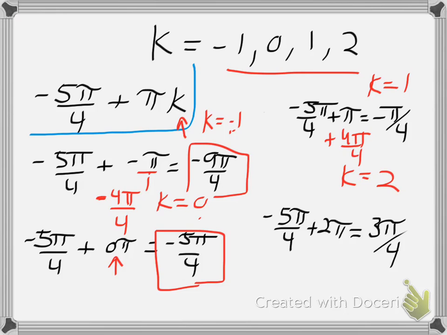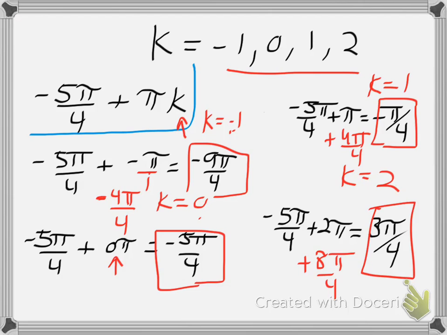Negative 5 plus 4 gives me a negative 1 pi over 4. And 2 pi becomes 8 pi over 4, and when I add that to negative 5 is where I get positive 3 pi over 4. So for this value, we have these 4 possible solutions.